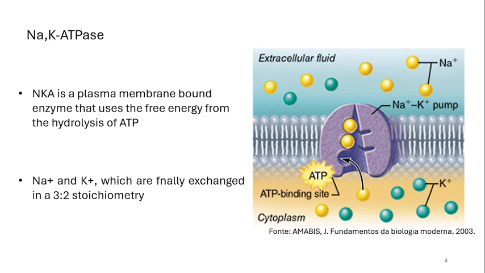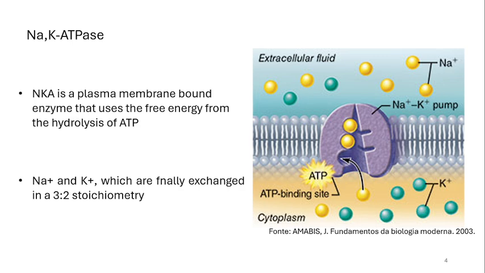What is the sodium pump? The sodium pump is a transmembrane enzyme that moves fluid from the cytoplasm to the extracellular space of the cell. And it works with sodium and potassium in a 3 to 2 ratio of molecules, creating the gradient.